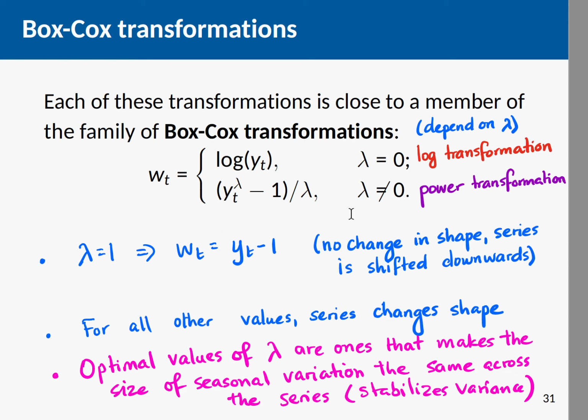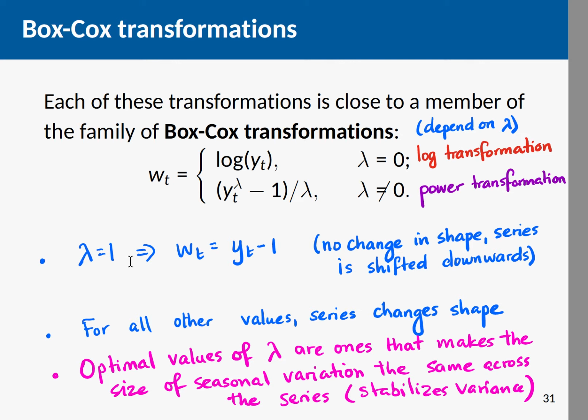Now, if lambda is equal to 1, let's think about what happens. We're looking at yt to the lambda minus 1 over lambda, so wt will just become yt minus 1. So if lambda is 1, we're pretty much looking at no change in the shape of the series, and the series is just shifted downwards by a magnitude of 1.